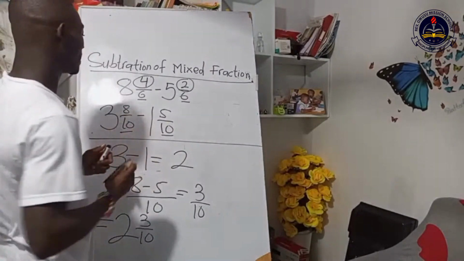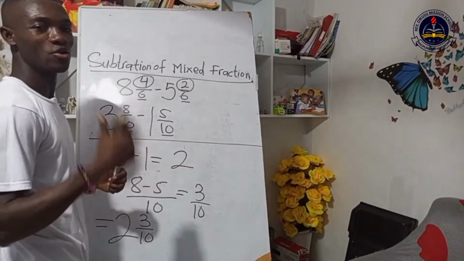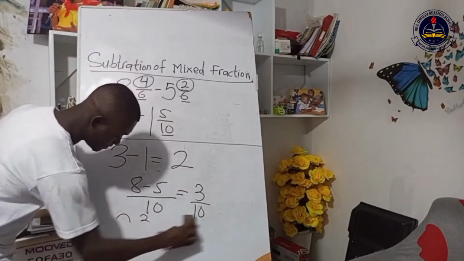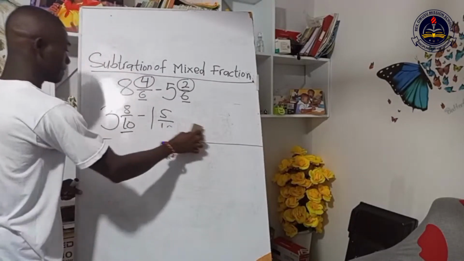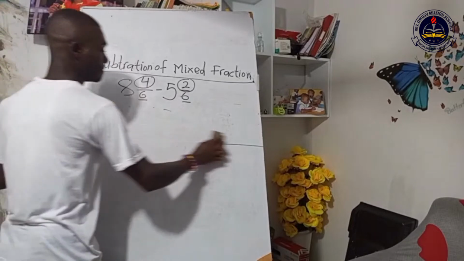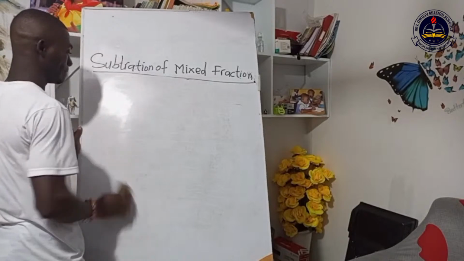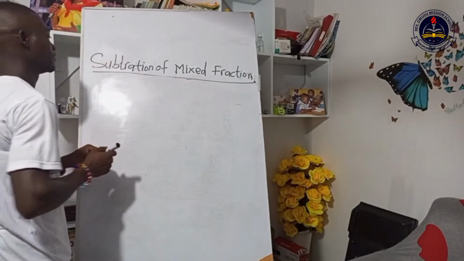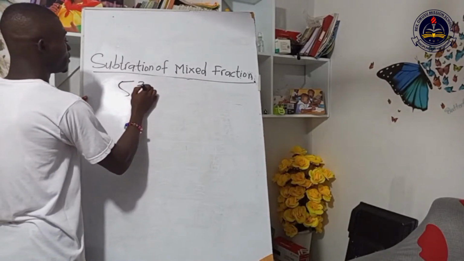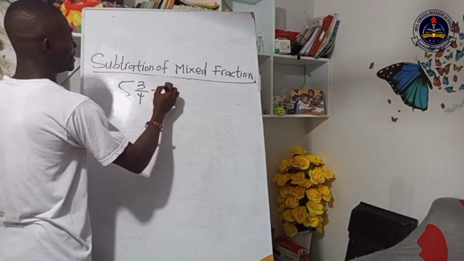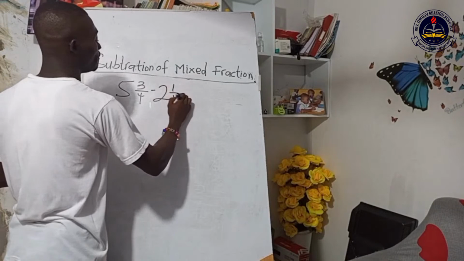Now let's look at another example. Then we take our DIY. Do it yourself. Five whole number 3 over 4 minus 2 whole number 1 over 4.